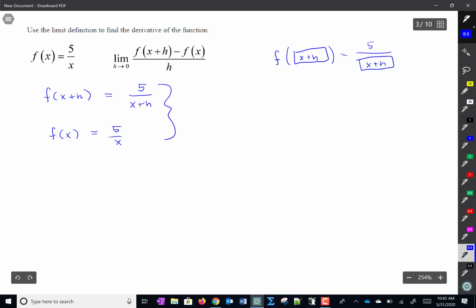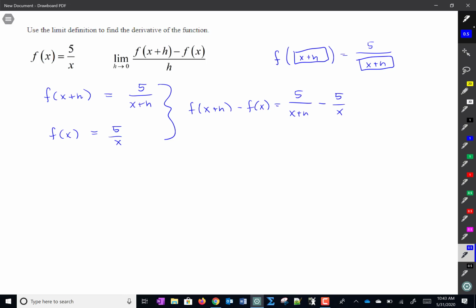Now, in the numerator, what we're looking for is f of x plus h minus f of x. So that would be 5 over x plus h minus 5 over x. This can be combined into a single fraction to simplify, but we would need a common denominator.